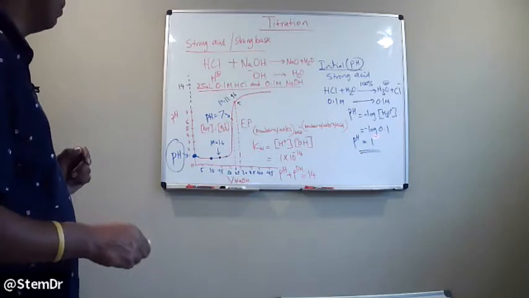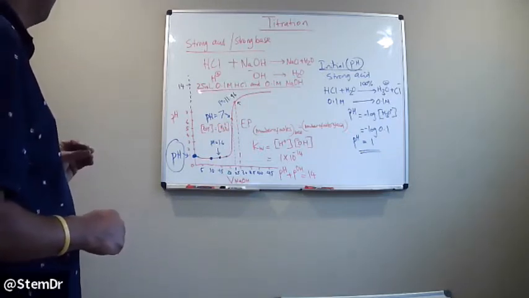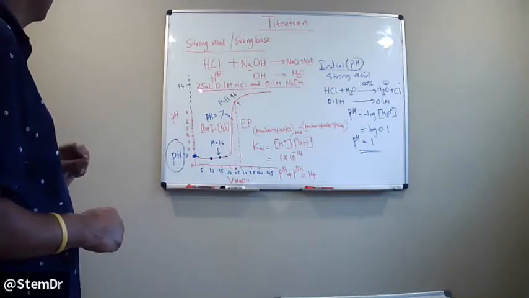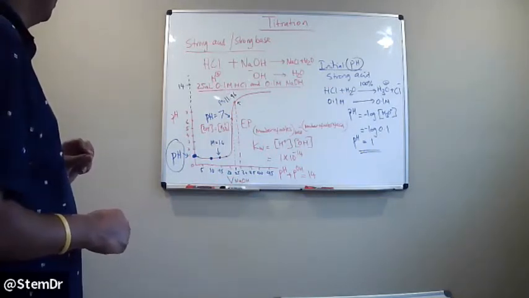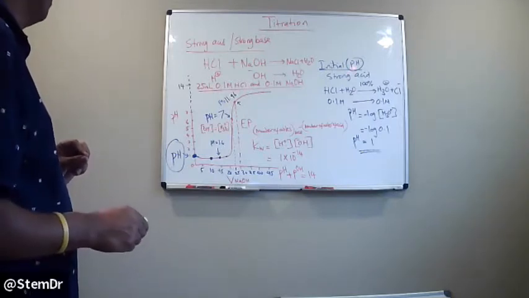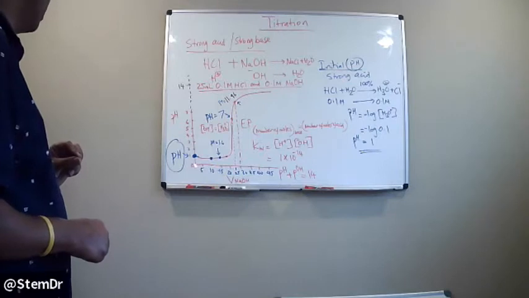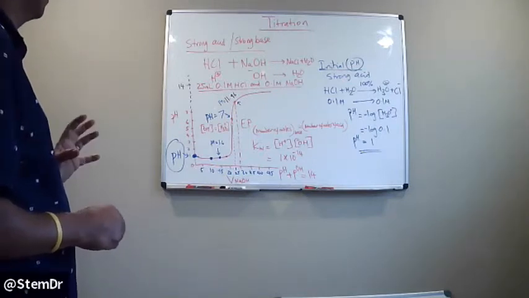For example, let's have an Erlenmeyer flask, 25 mL, with 0.1 molar hydrochloric acid. So at no addition of base, at the zero point, what is the pH of that solution?